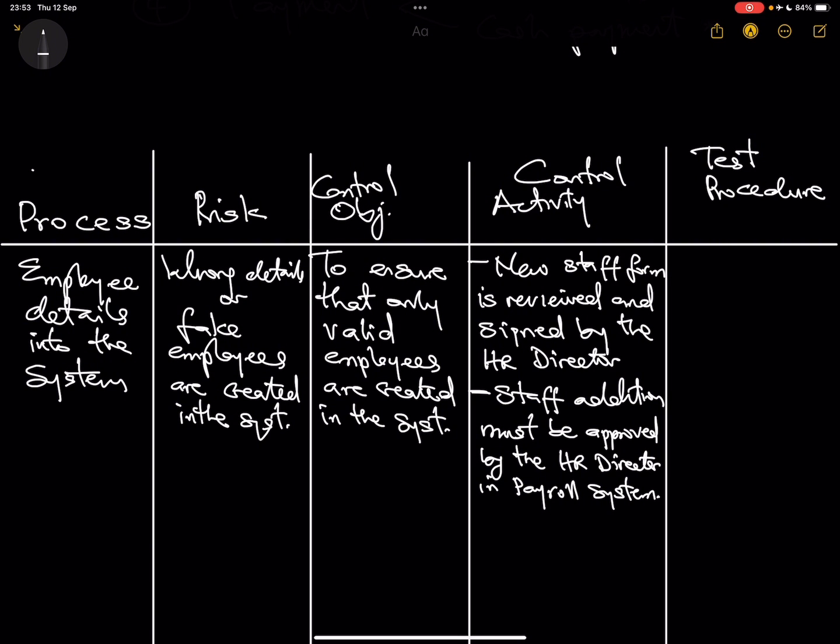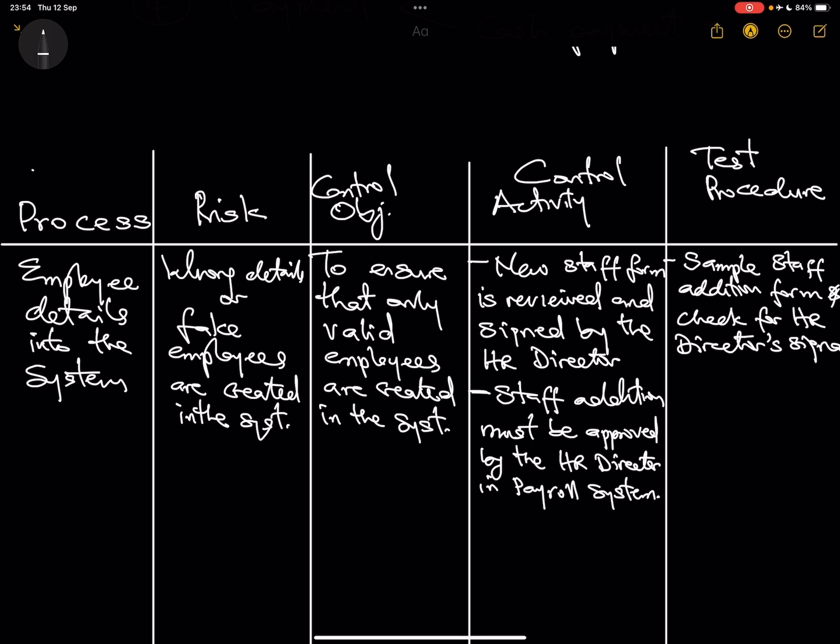Very important. And how will auditors test this? Auditors just need to sample staff additions, the staff addition form, that is the new staff form, and check for the HR director's signature, which makes sense. Remember, auditors are looking for evidence.